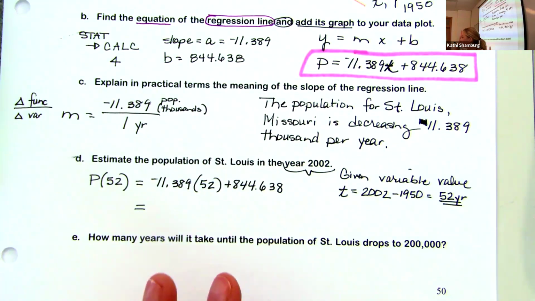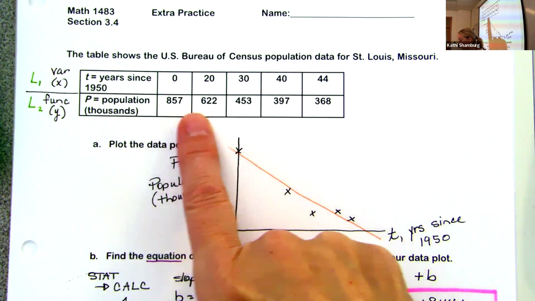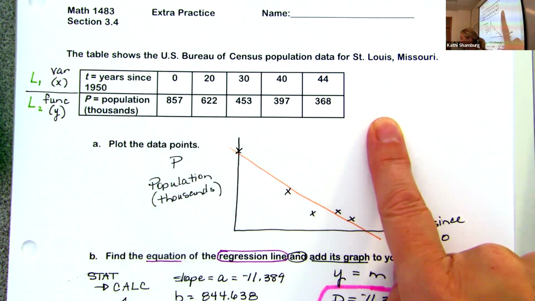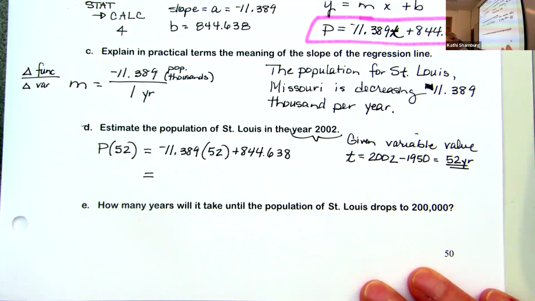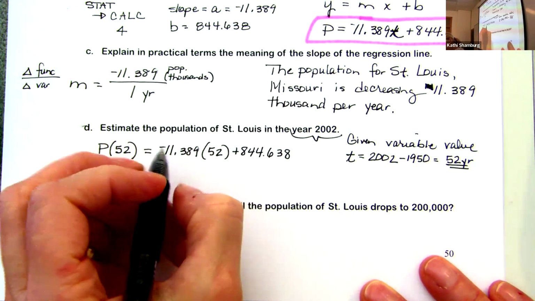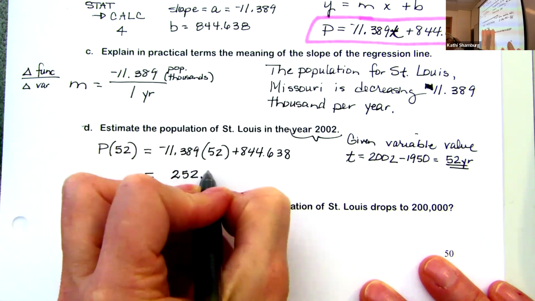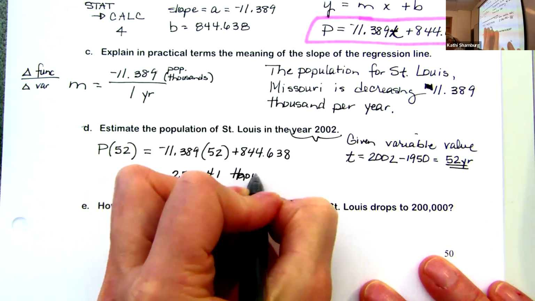Now, please wrap in your head that this population is decreasing. So notice how it's getting smaller and smaller. So if I calculate 951,000, that doesn't make sense, right? I'm hoping that's not what you calculated. What'd you get? Give me 2 decimal places. 252.41 thousand.